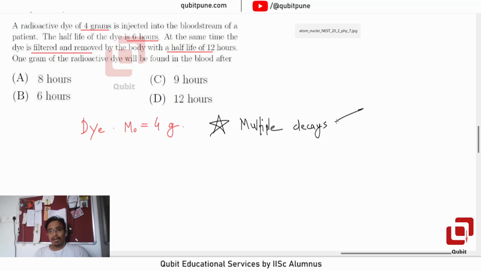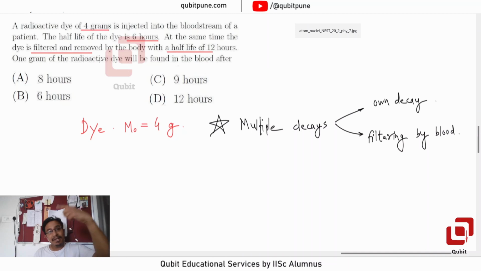Okay, what are those two processes? One is its own decay, and the other one is the filtering by blood. Now they're saying removed, so that removed basically is equivalent to decay, right?